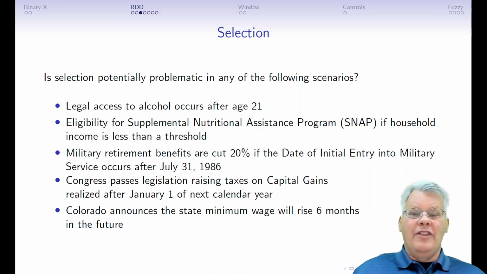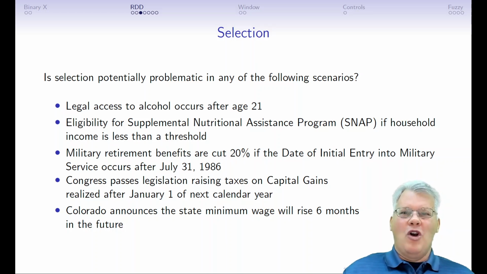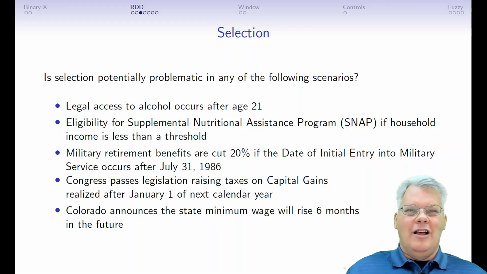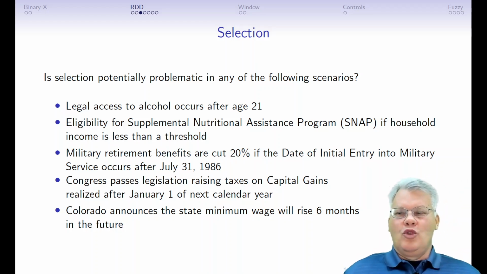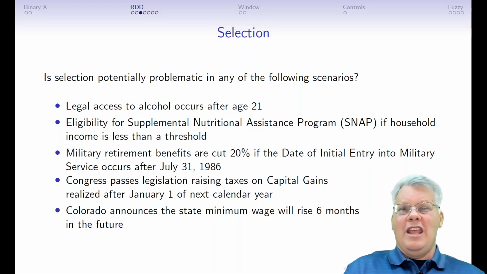Right? So this particular example, I would argue, is absolutely rife with self-selection. There's great opportunity for investors to select which tax rate their capital gain is subject to. Okay.